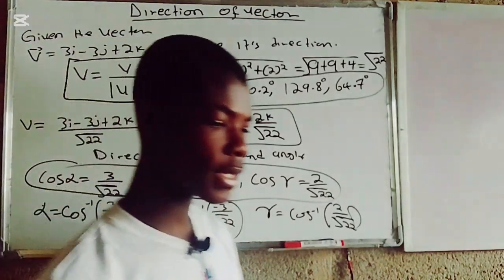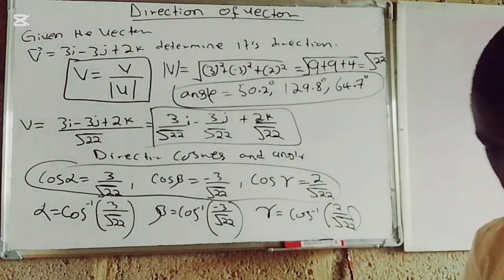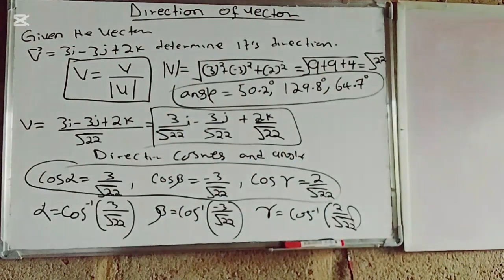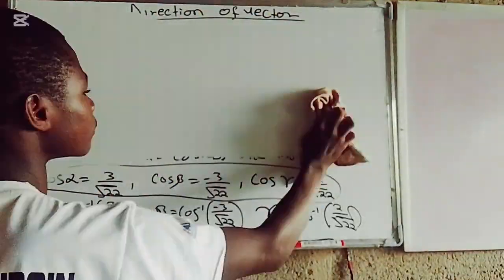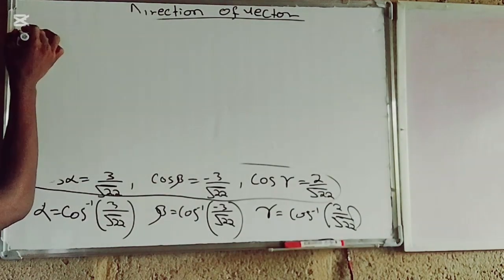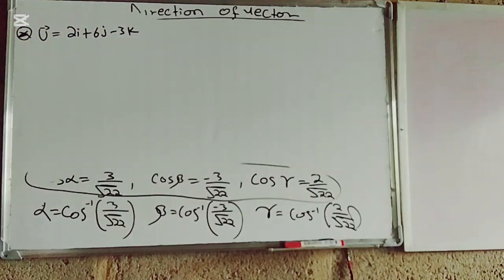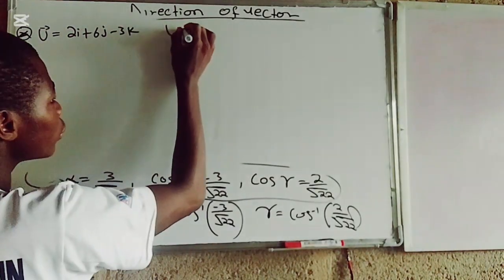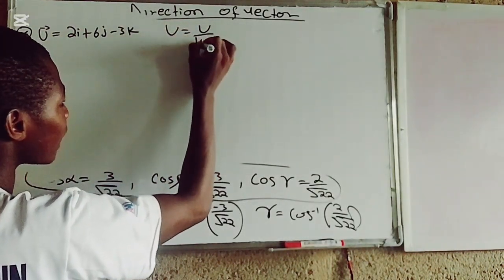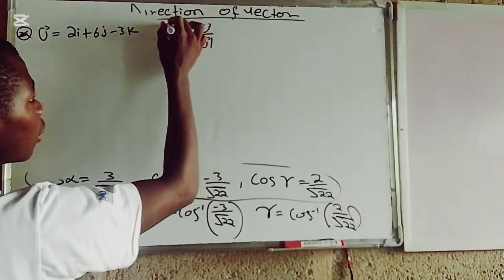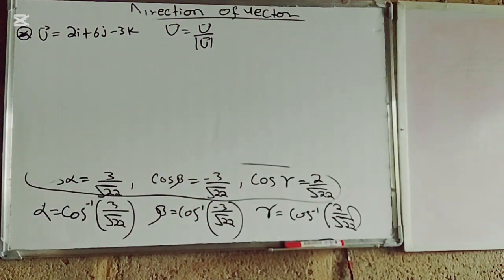So let's see another question. Let's say we are given this vector, the same thing: the direction u equals u divided by the magnitude of vector u.